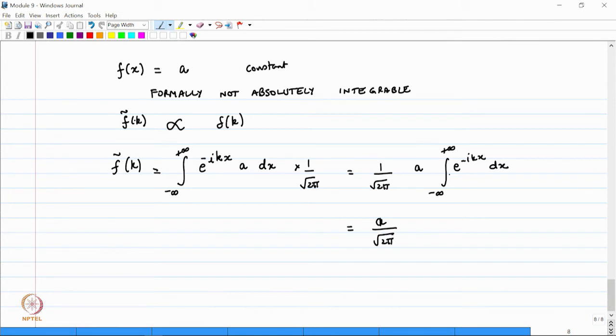Now, what you have here is an integral. If k is not equal to 0, then this looks like e to the minus i k x divided by minus i k. This is for k not equal to 0.